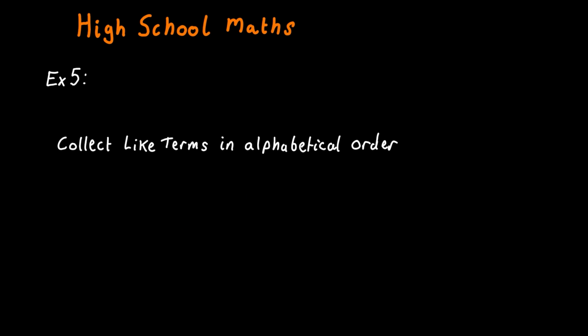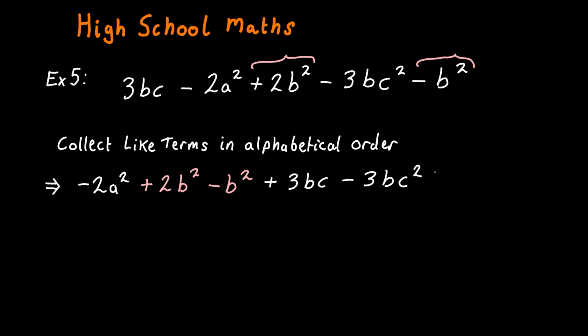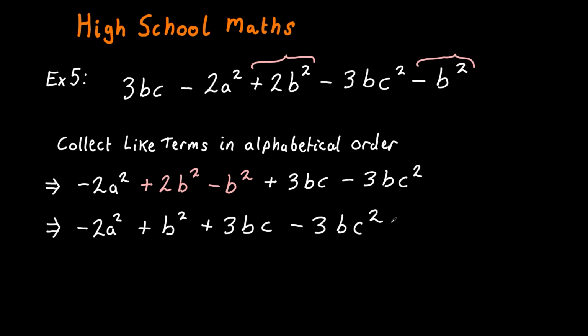And finally, in example 5, we've only got one like term here, the B squared term. And again, we just place these in alphabetical order and add or subtract the coefficients, leaving the variables alone, and we end up with minus 2a squared plus b squared minus 3bc minus 3bc squared.